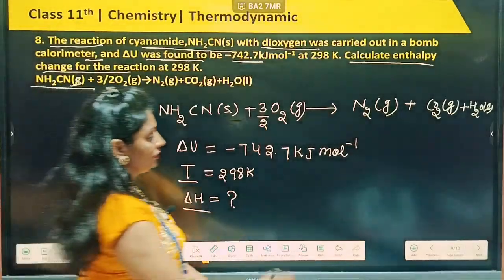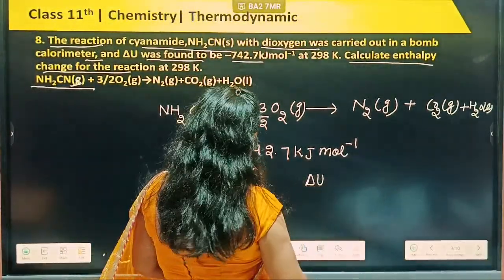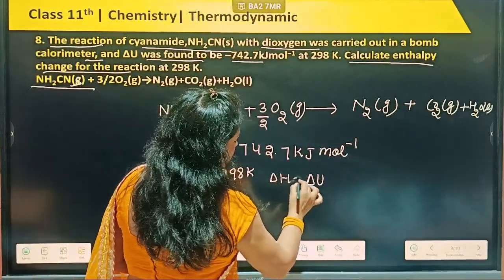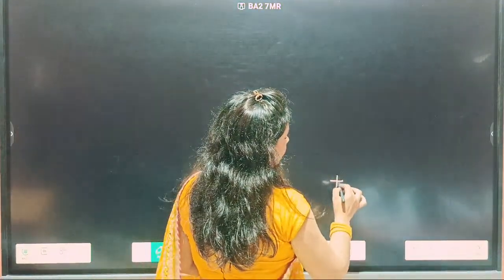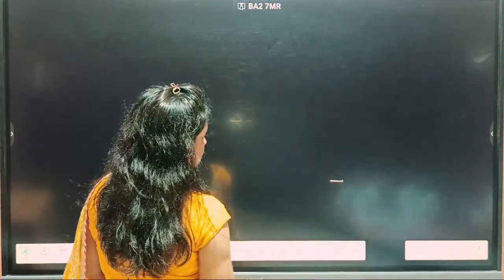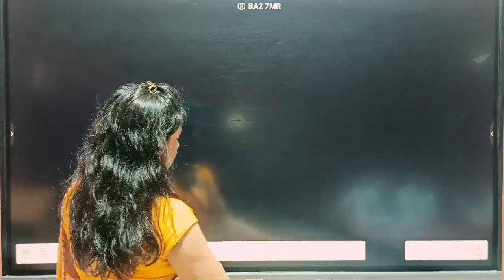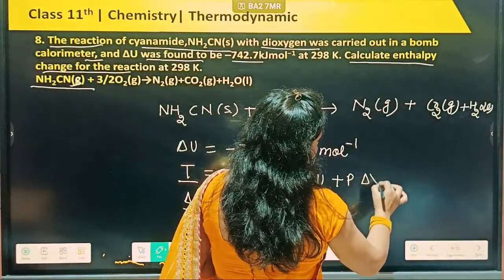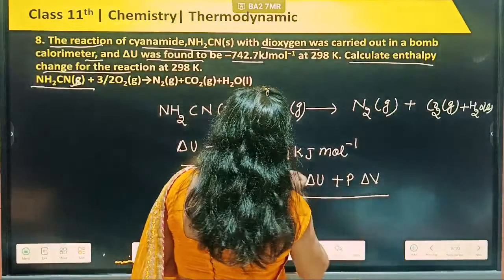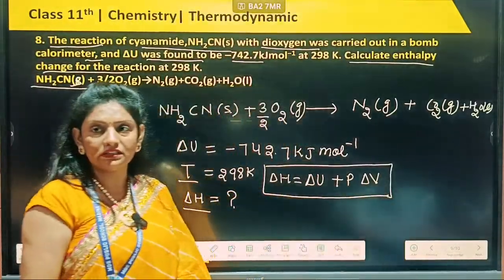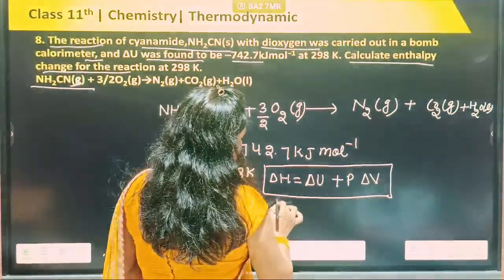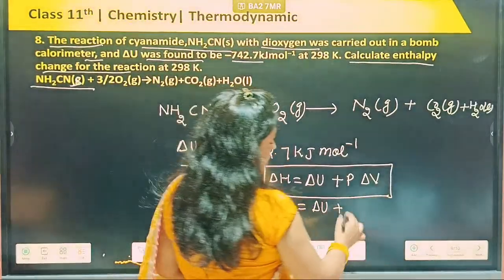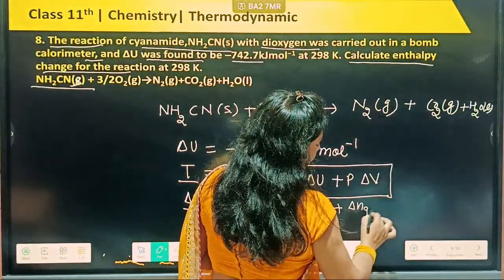So what is the relationship? Del H is equal to del U plus P del V. And students, second relationship, because here volume is not given to us, here temperature is given to us, then we can write del H is equal to del U plus del Ng RT.